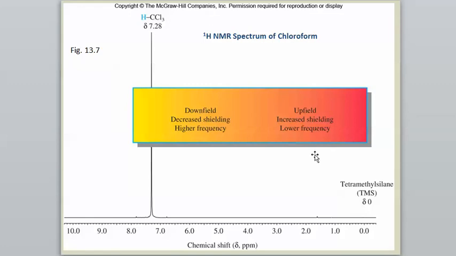And here are the opposite terms. Signals that are upfield from chloroform would be at lower chemical shift, closer to the measurement for TMS. And although you can have negative chemical shifts, we won't encounter any of them. Most all important organic compounds have chemical shifts that would put them in the positive range, which would make them downfield from TMS, in other words.